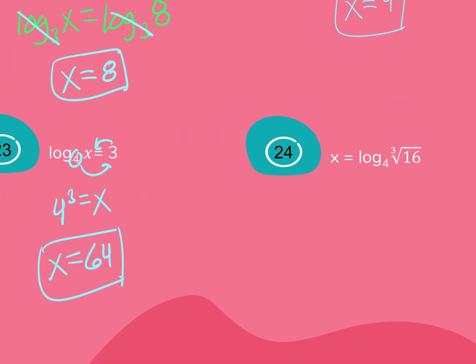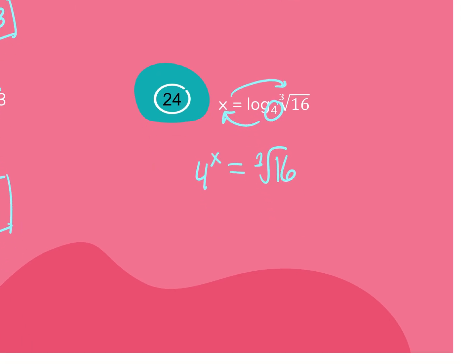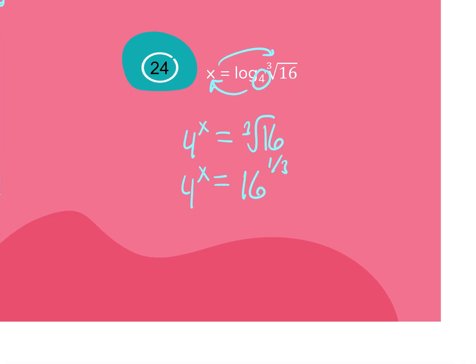And now we can try the same thing with this one, right? This one's nothing special about that one, right? I can just raise 4 to the power of x and then set it equal to the cube root of 16. And then once again, radicals are the same as fractional exponents. So this is the same as 4 to the x equals 16 to the power of 1/3.